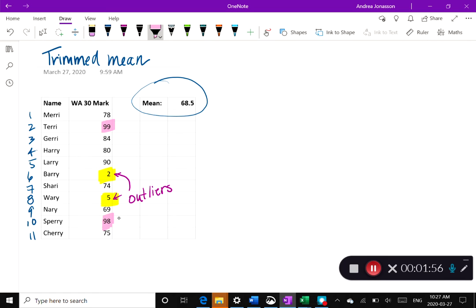So the trimmed mean is going to be the mean of all of the numbers that are left over now.